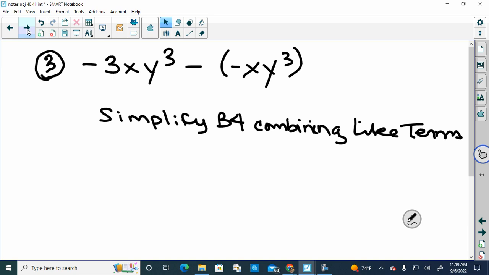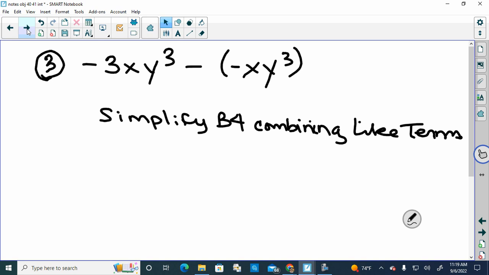Okay, and then you're going to write simplify before combining like terms. So this one and the next one. Simplify means that if there's any distributing, changing signs, doing any of that, you do it before you actually add or subtract the numbers in front. So simplify before combining like terms.